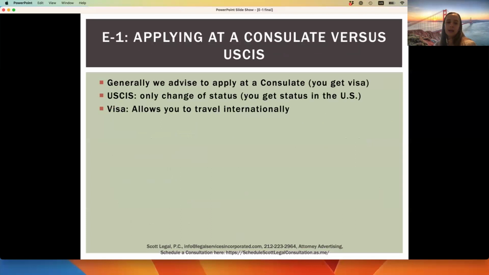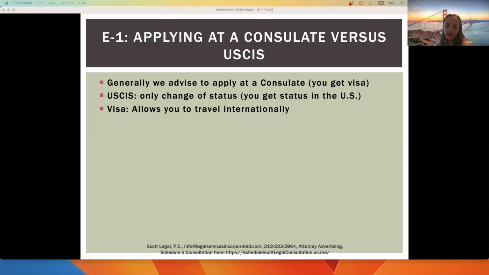Perfect. So let's move on and talk a little bit about the E-1 application process. Is it better to apply at a consulate versus USCIS? Our general recommendation is that people apply for an E-1 visa at a consulate.